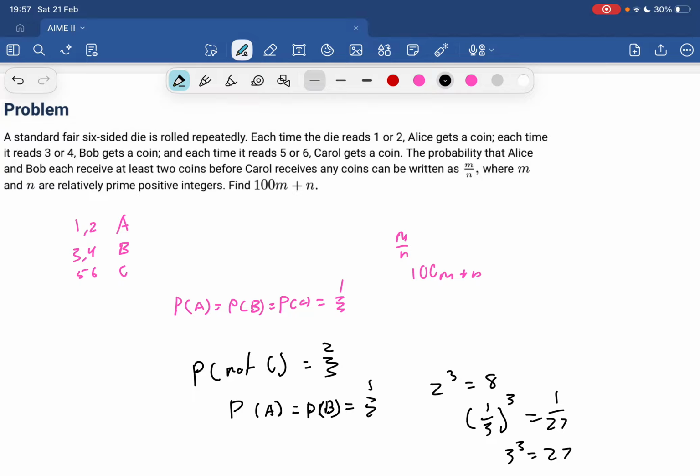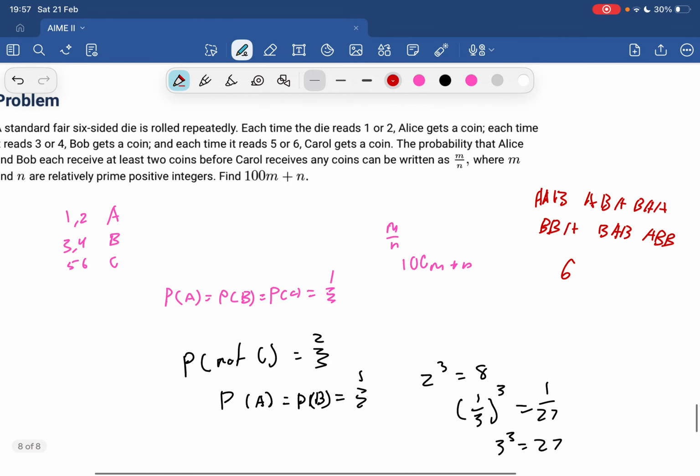For case 1, where one player has 2 coins and the other has 1, the possible sequences are AAB, ABA, BAA, BBA, BAB, and ABB. So 6. The probability would therefore be 6 over 27.